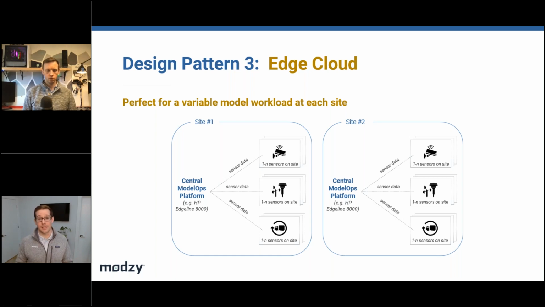And data science teams, this might be very advantageous for them, who are assigned to a particular site, and maybe the data for a particular site is so different than any other site that the models they build will only really be relevant for this one instance. Then by creating this kind of private edge cloud, your models, your data, and all the infrastructure and sensors located in one area are confined to this private edge design pattern.